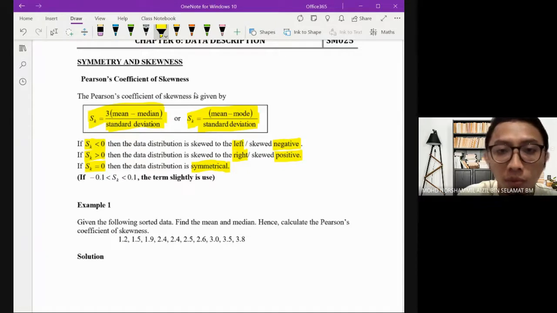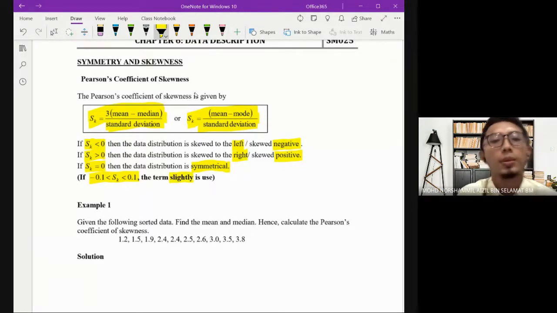But be careful. If the values lie in between this region, we will use the term slightly in our answer. For example, the data distribution is slightly skewed to the right, slightly skewed to the left, ataupun lebih kurang kosong. Maksudnya kalau kita dapat Pearson's coefficient of skewness tu, we obtain 0.001, for example, almost 0.